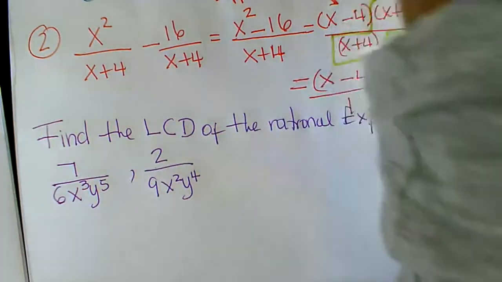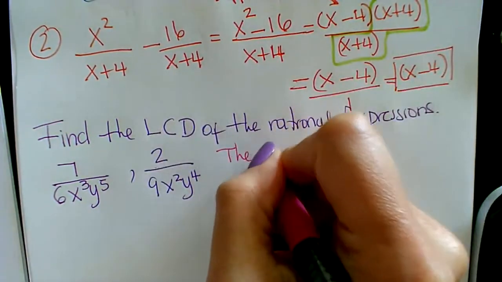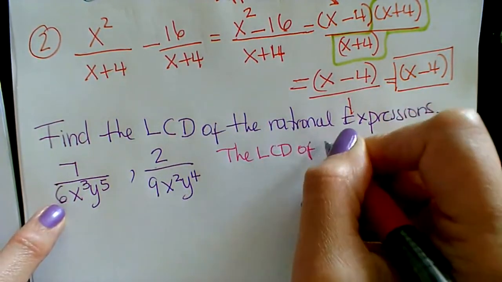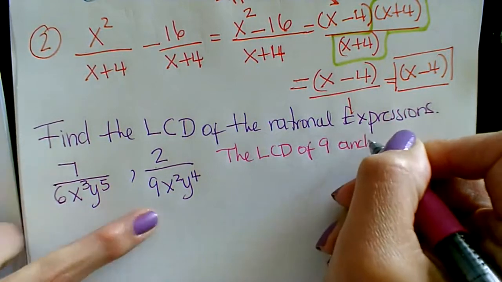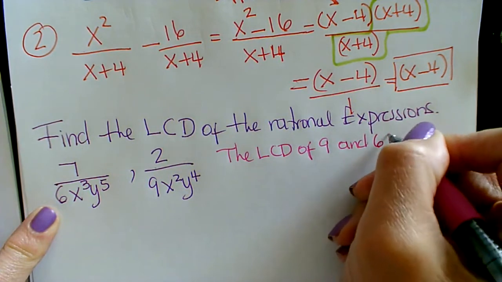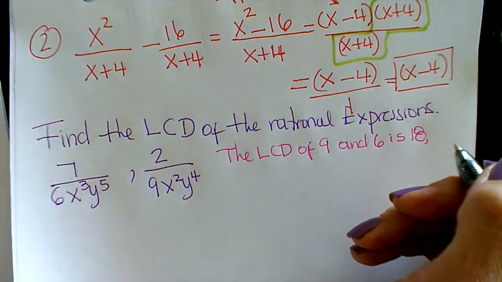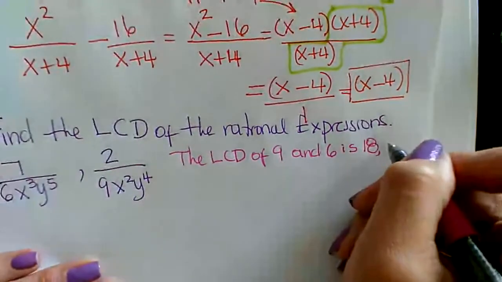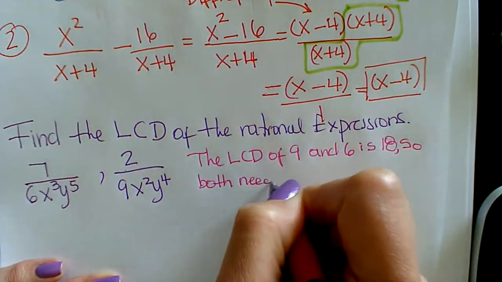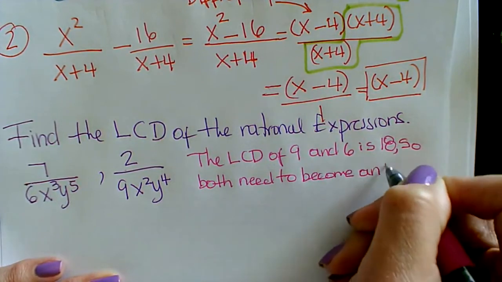So let's start. First, the lowest common denominator of 9 and 6 is what? Is 18, right? So we know both need to become an 18.